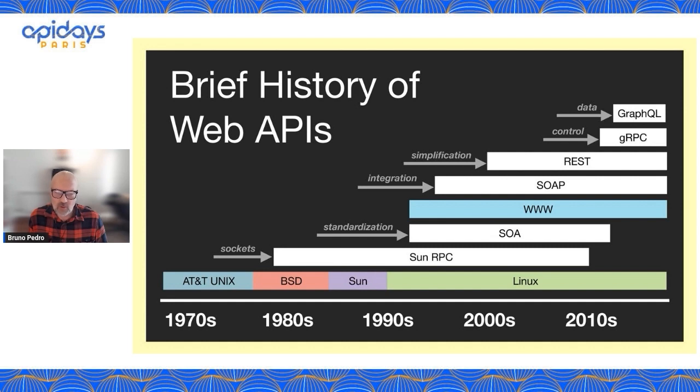At the time, the Unix operating systems ran mostly on heavy machines, on heavy servers, and some of them started to be available in different locations, and they started to be connected between themselves.